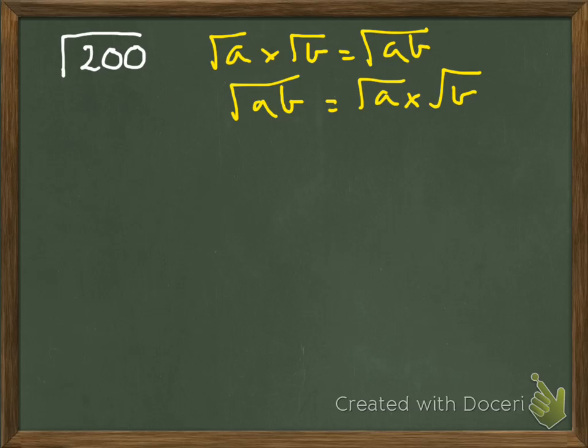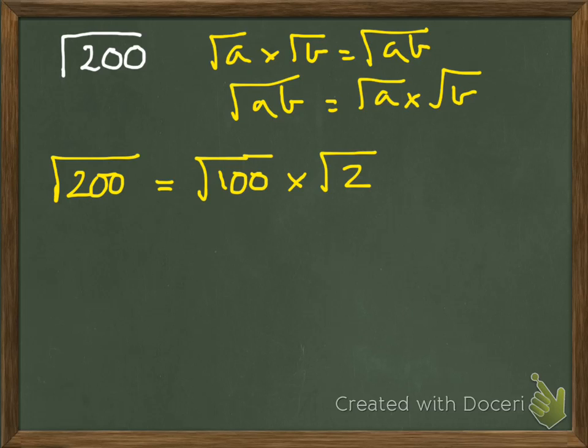Well, I could say that root 200 equals root of 100 times root of 2, because 2 times 100 equals 200, and I've done it specifically like that because obviously you and I know that the square root of 100 is 10.